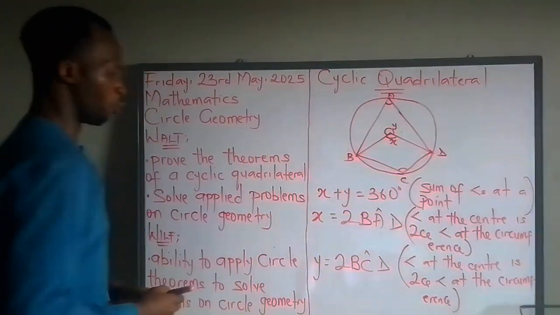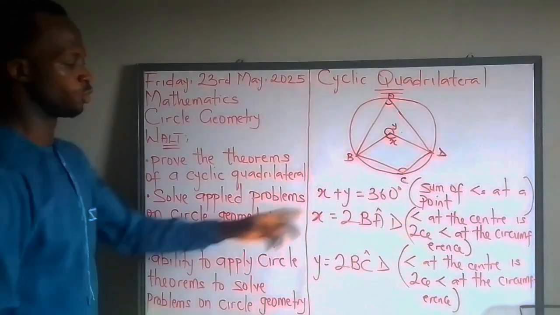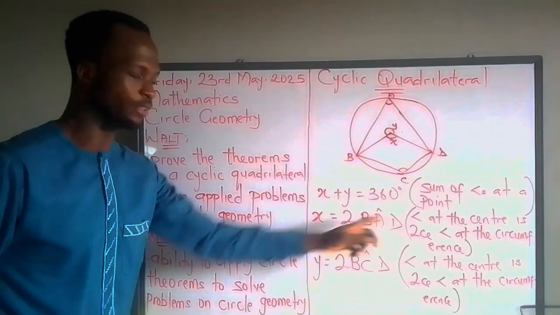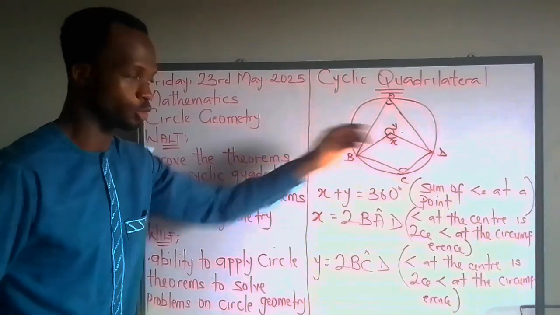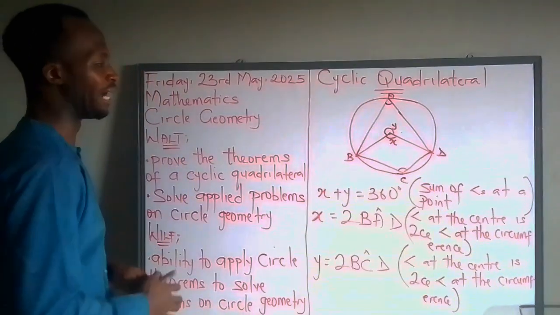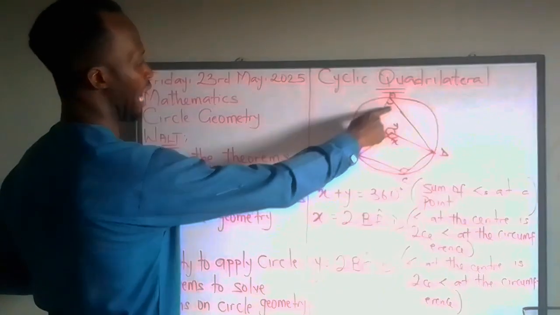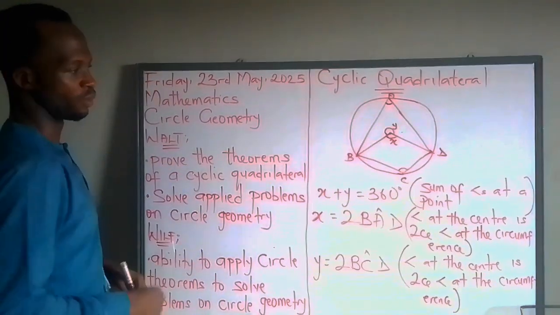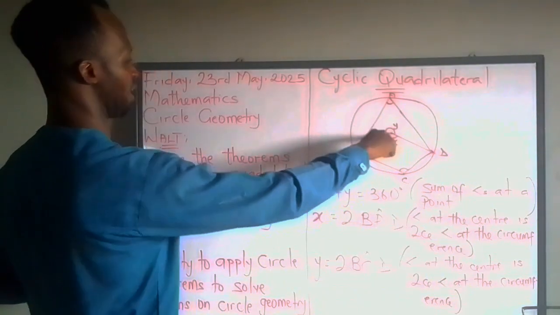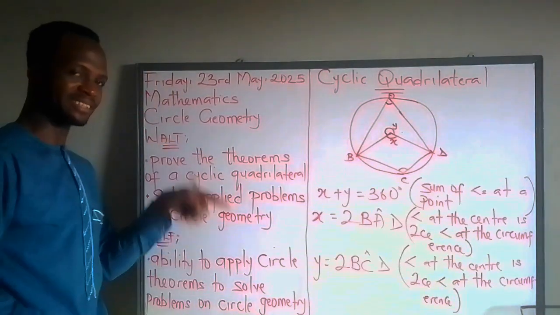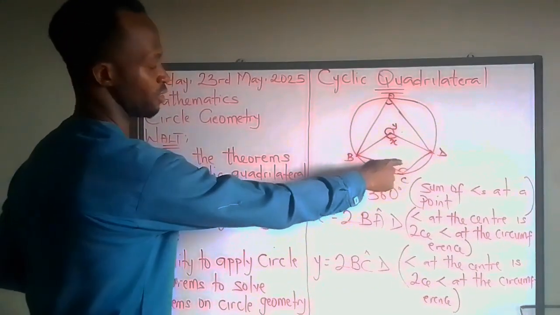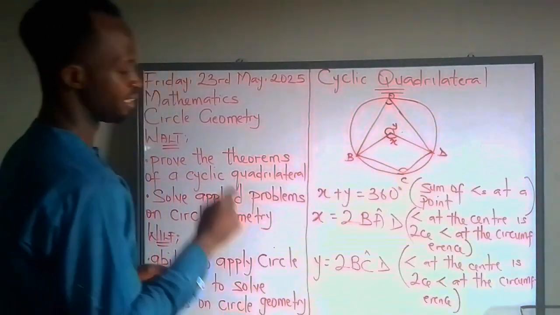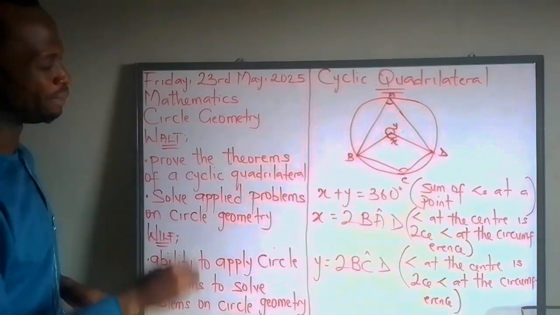Alright. So x is equal to twice angle BAD. X, the angle at the center subtended by the two radii, is twice the angle BAD. Y is also angle at the center, that is twice the angle at this point at the circumference here, that's twice the angle BCD.